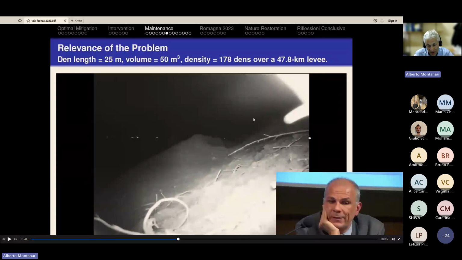One day later, the tunnel was again there. And you see what is the length of the tunnel, which is called in technical terms a den. In some of the cases, 25 meters, volume is 50 cubic meters, and you understand what 50 cubic meters means. It's like a room. You can stand up in these dens. It's really amazing. So let me move the video forward.